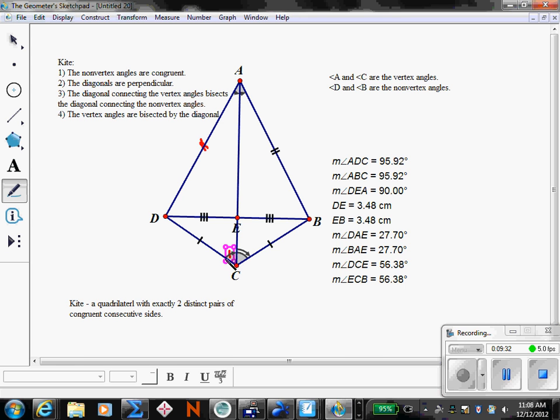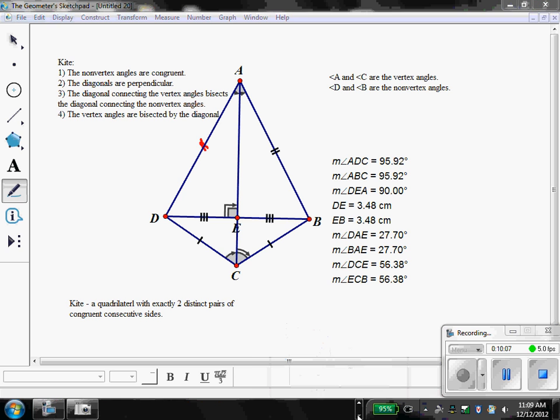There we go. It won't do a second one over here for me. Don't know why. Okay, well those two base angles are congruent as well. And then we want to put this as a right angle. There we go. So that's the 4 pieces of information I'd like you to know. I am going to take a picture of this and put it in the notes. I think you should do the same thing.